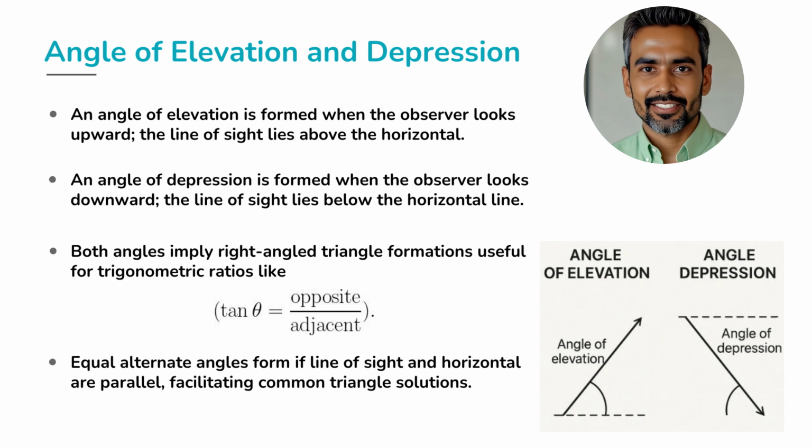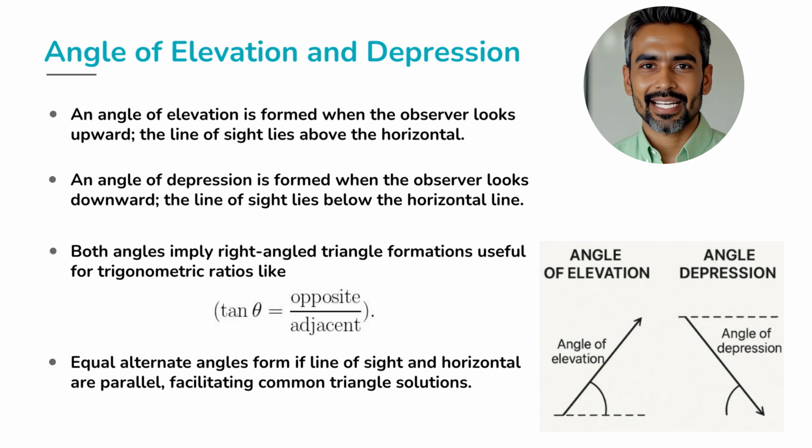In both cases, we can form right-angled triangles. These triangles are perfect for using the tangent ratio, which we recall is the ratio of the side opposite the angle to the side adjacent. Or verbally, tan theta equals opposite side divided by adjacent side. There's a neat geometric fact here too. When your line of sight and the horizontal are parallel lines, the angle of elevation and the angle of depression are actually equal as alternate interior angles.